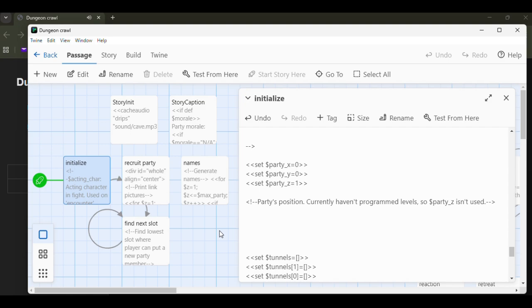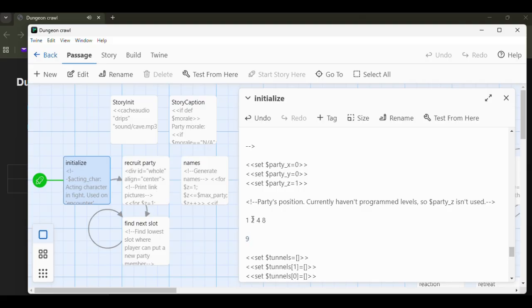What I did was something very similar to that, using 1, 2, 4, and 8. I decided that north had a value of 1, east had a value of 2, south a value of 4, and west a value of 8. So let's say we have a tunnel to the north and a tunnel to the west, but not a tunnel in any other direction. We just add those 2 up, and we get 9, and we can store the value 9 in the relevant slot of the tunnels array.